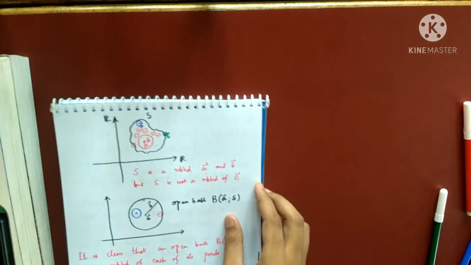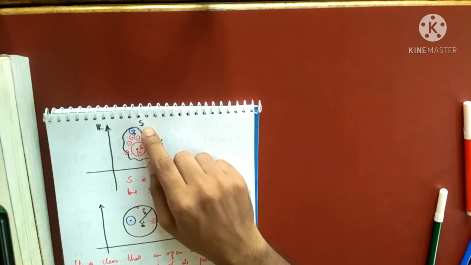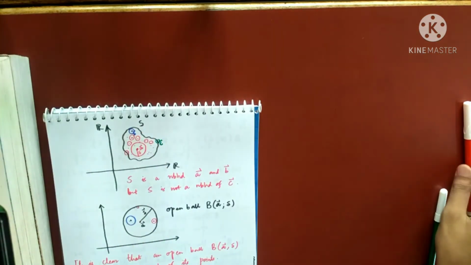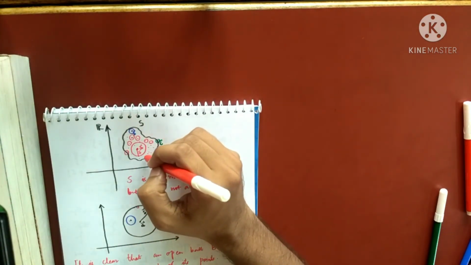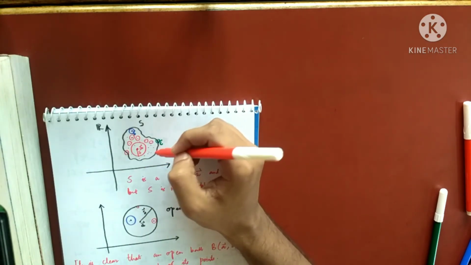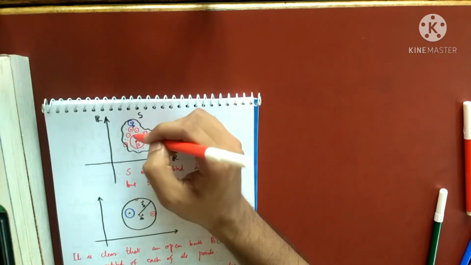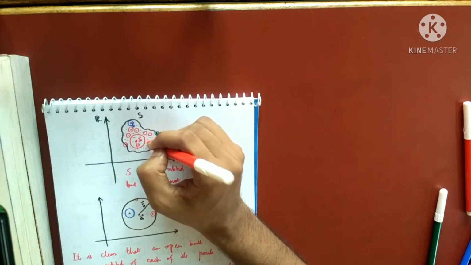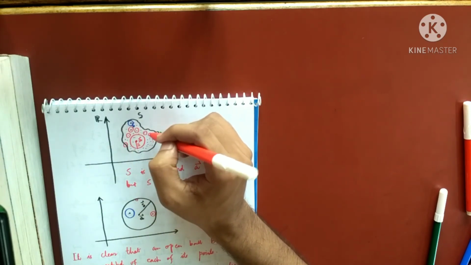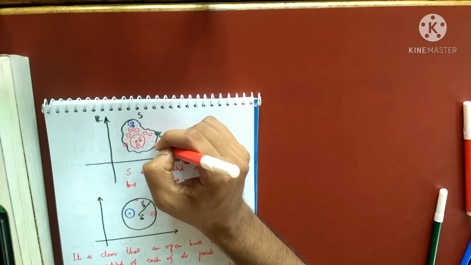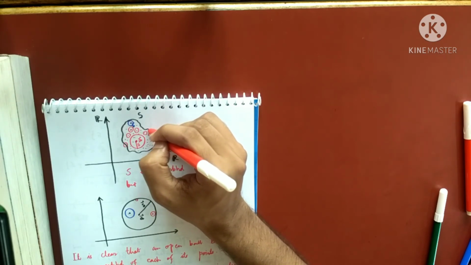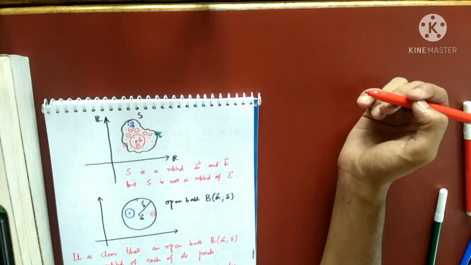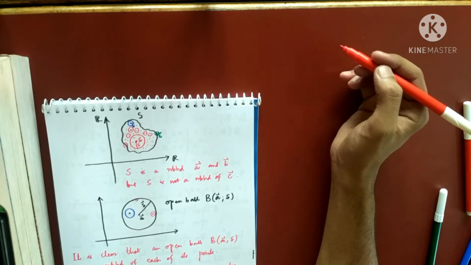Look at this example then. As already said, what are the interior points? These all are the interior points. This is an interior point of S, this is an interior point of S, this one, etc. All of these are interior points. But any point lying on the boundary of S is not an interior point of S. Why?